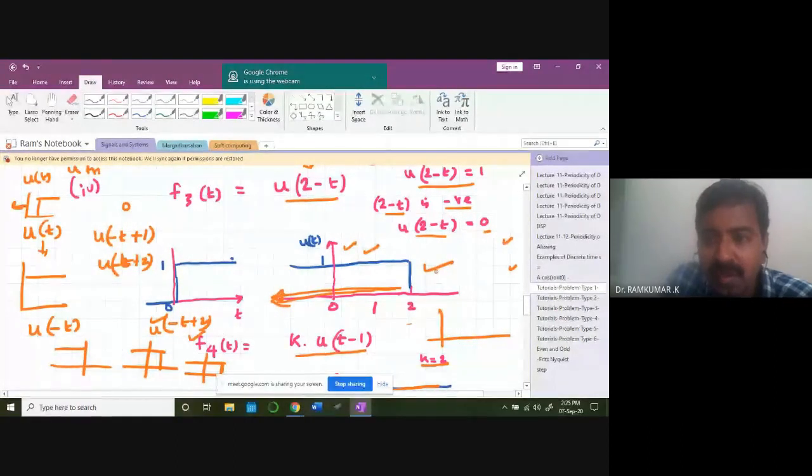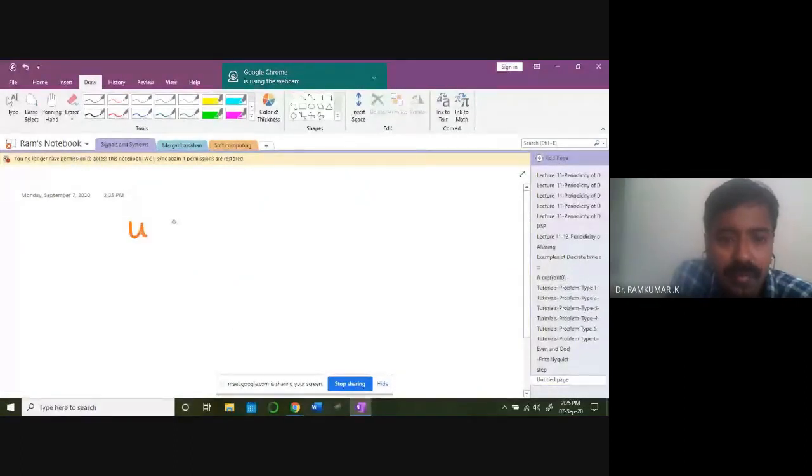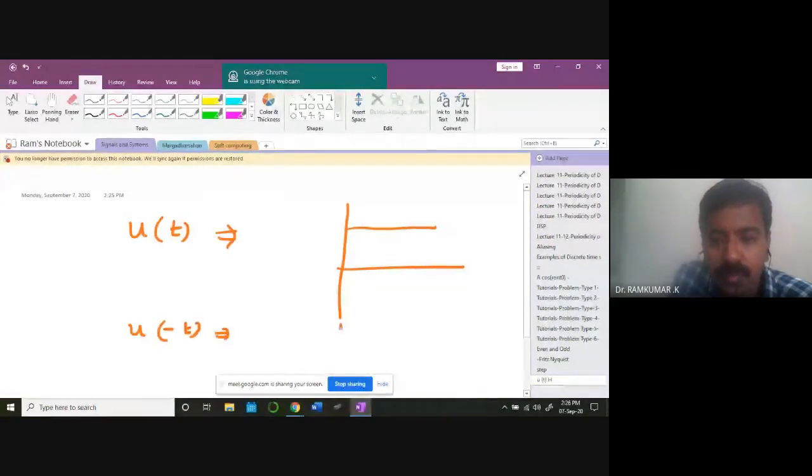Can you see clearly? U of t, this is the waveform. U of minus t, this will be your waveform, 0 to 1.